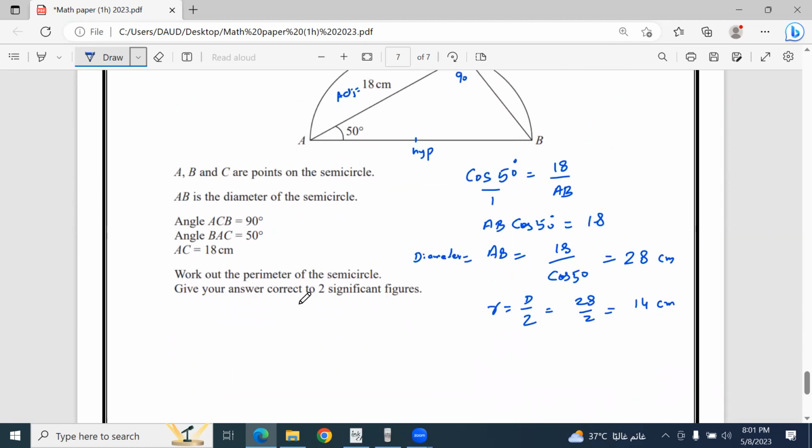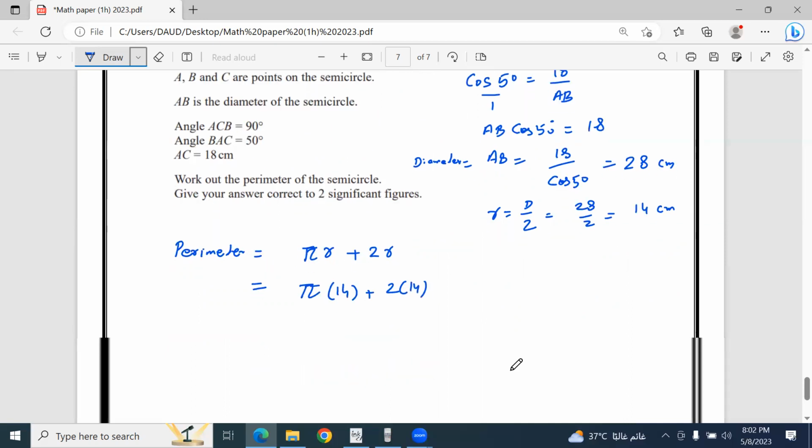Now what is the perimeter of the semicircle? The perimeter is equal to the curved length, which is half of the circumference, pi r, plus d or 2r. This is r, this is r. Either you use d or 2r. So pi r with r as 14, plus 2 times 14, that is pi times 14 plus 28.